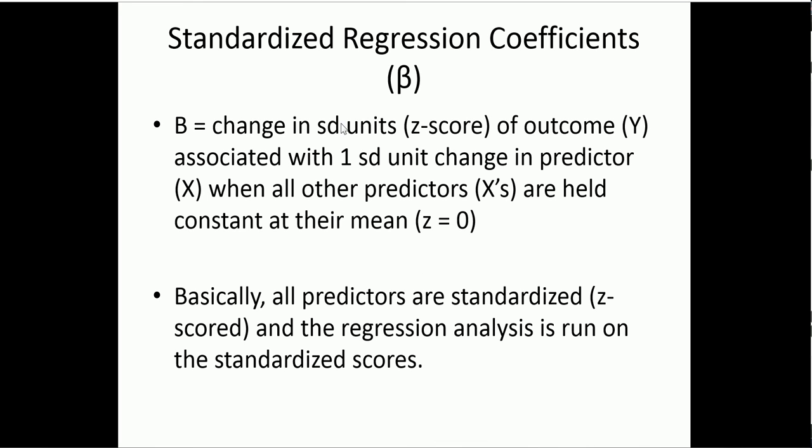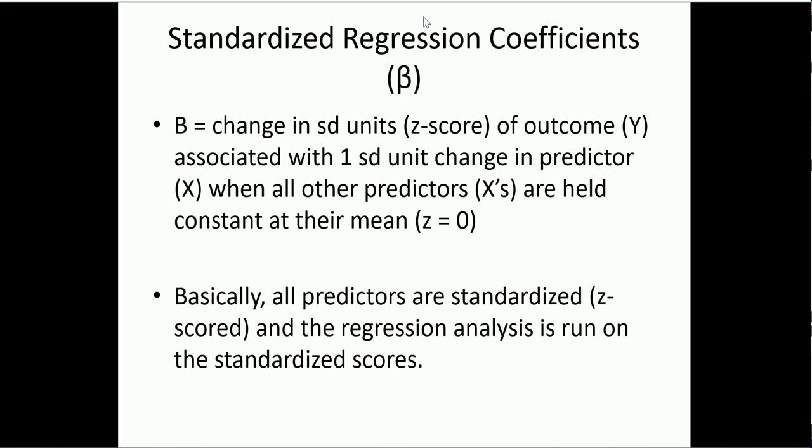All right, now the standardized regression coefficient. I've been talking so far about regression coefficients in the unstandardized sense. A standardized regression coefficient is basically a regression analysis, but you put everything in z-scores first, right? So that way a 1 unit change in something basically means a 1 standard deviation change in terms of the original raw units.